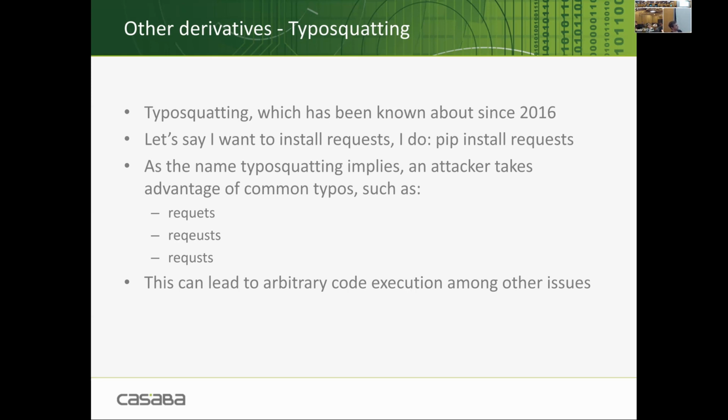It's effectively the same thing. All you're doing is preying on that typo. You may or may not target someone specifically with that. It may just be whoever accidentally typos it. You may be targeting someone, but oftentimes people do just have typos.